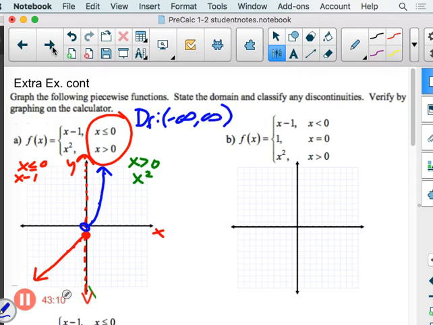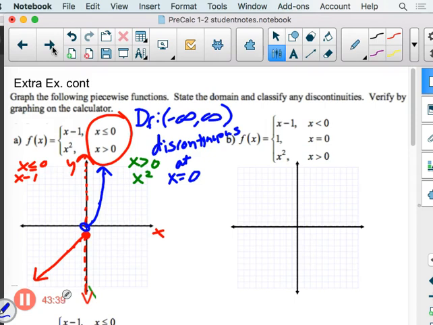Classify any discontinuities. Well, we have an issue right here where x equals 0. That's our discontinuity. Discontinuous at x equals 0. And by classify, they mean give it a name. That's not a hole this time, is it? Because here we are down here at -1, and then this is at 0 up here.